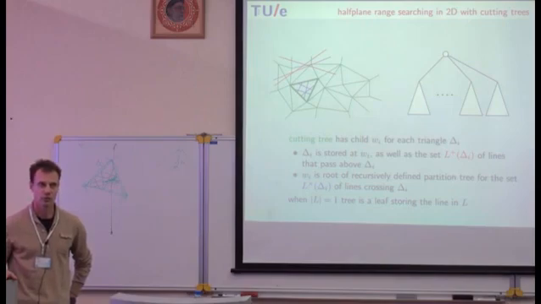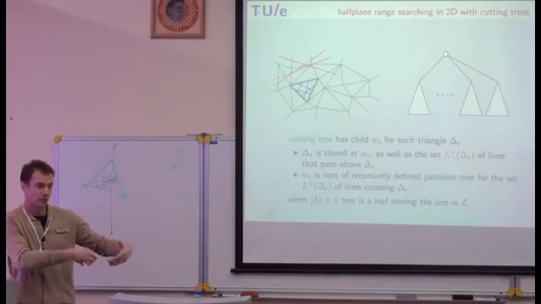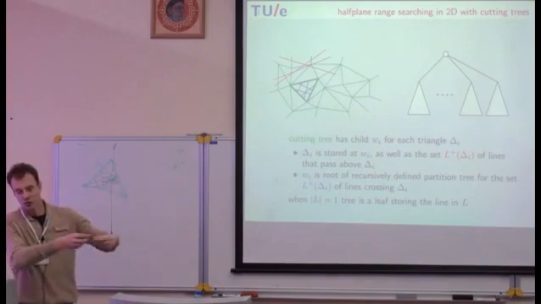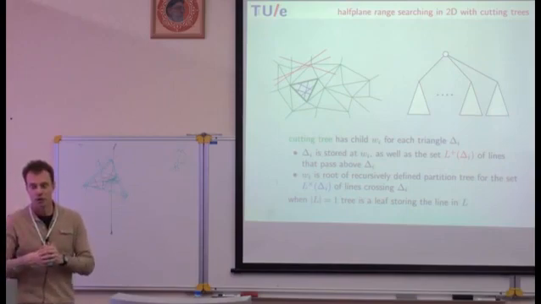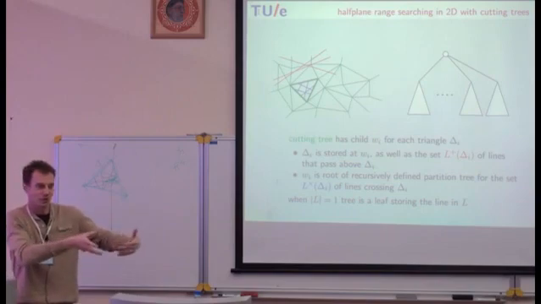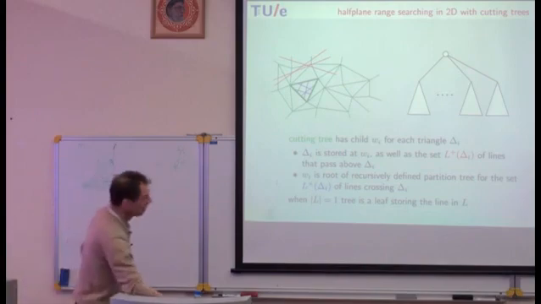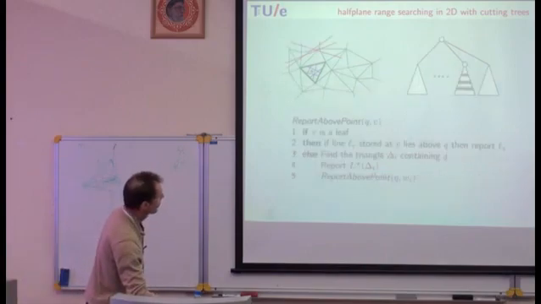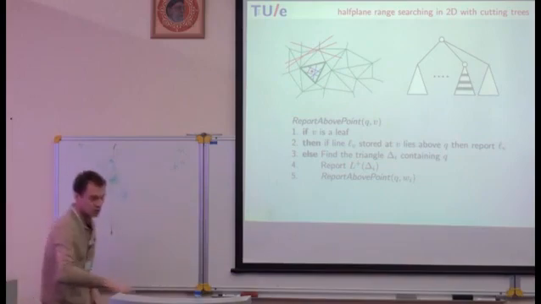Yeah, so we don't know anything about the number of triangles, but the triangles are just not part of the data, right? It's something that we constructed. So the number of things above the query point is also, well, let's say the user would not be interested in that because he wants to know about the data, about the lines. So, okay, I hope that now the construction is clear.